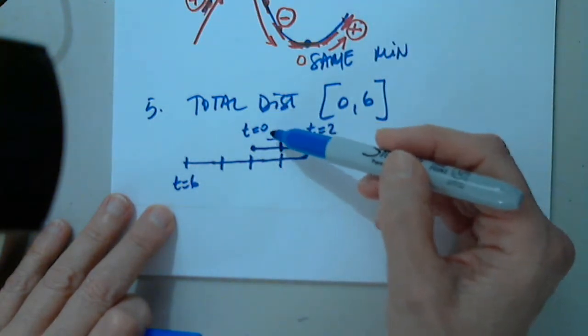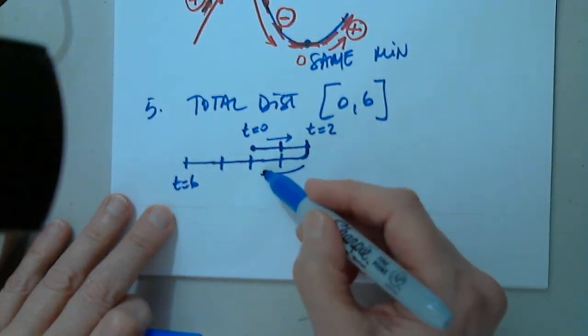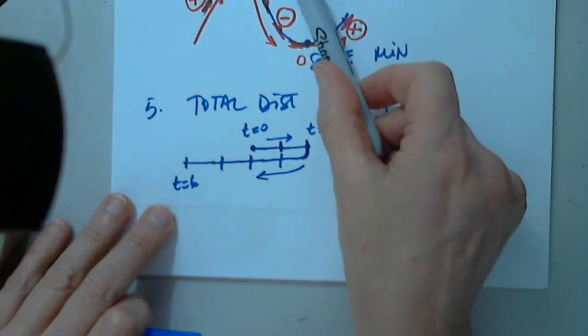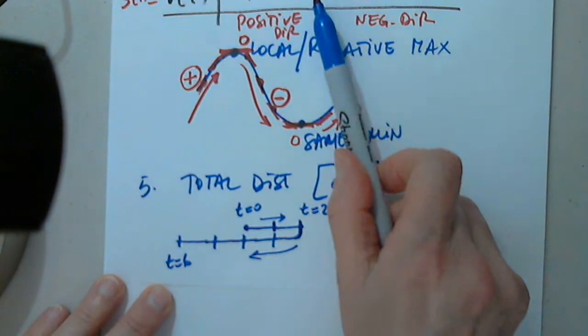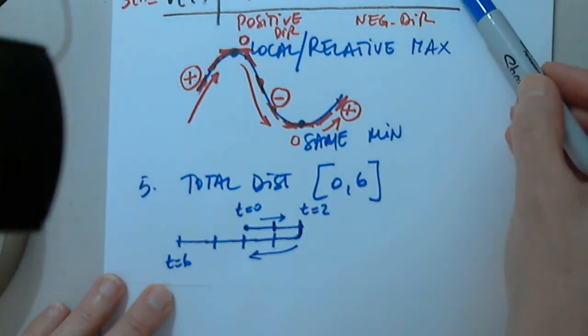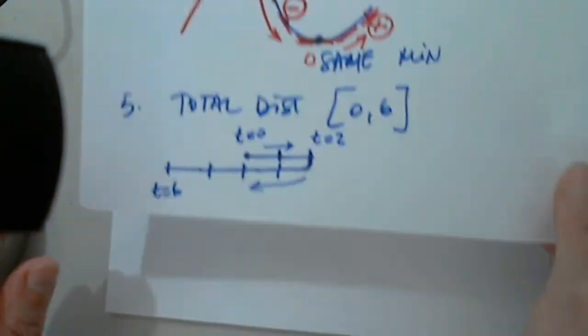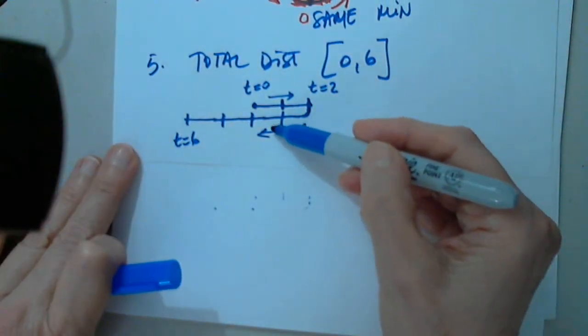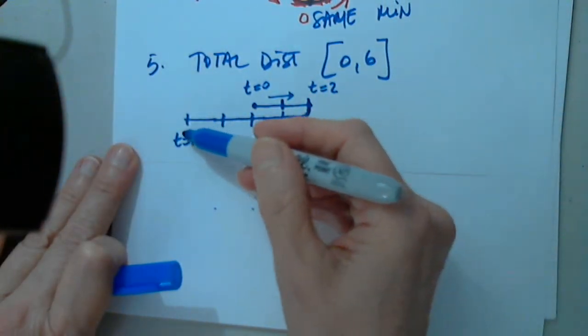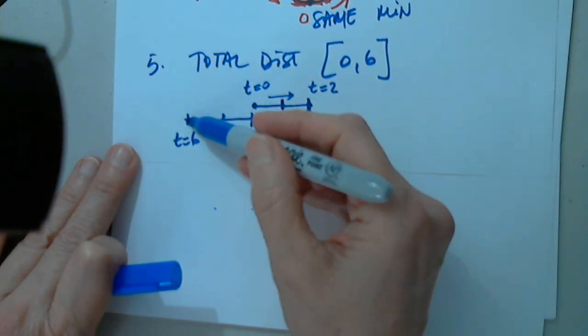So between t equals 0 and t equals 2, the particle is moving in the positive direction. Between 2 and 6, it goes back, 1, 2, 3, 4 seconds.